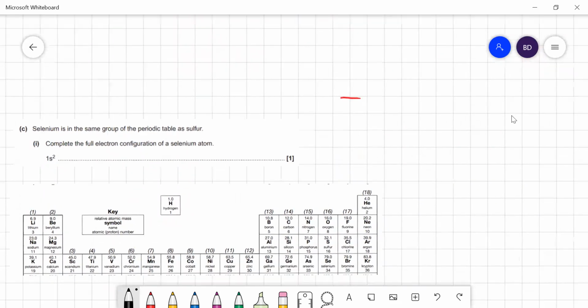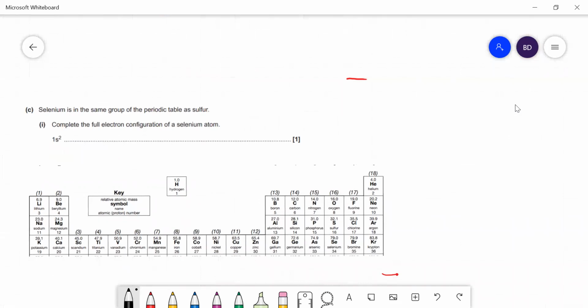Right, selenium is in the same group as sulfur, so here's selenium down here. And we've got to write down the electronic structure. So we've got 1s2, which is obviously filled up. And then we've got 2s2, so that's filled up. And then 2p6, that's filled up.